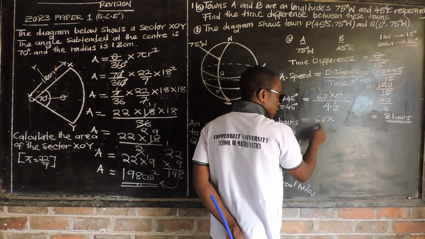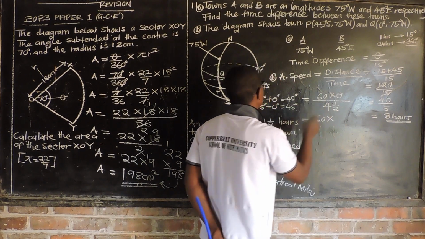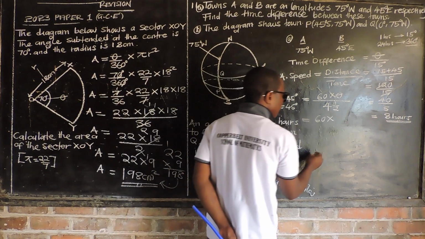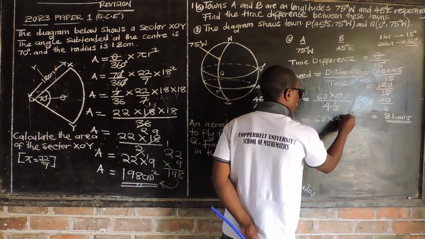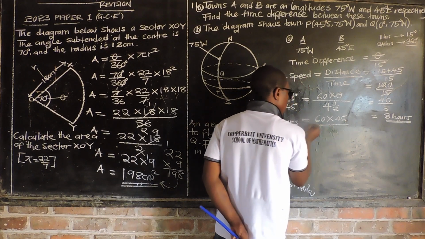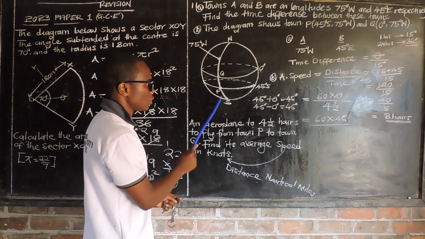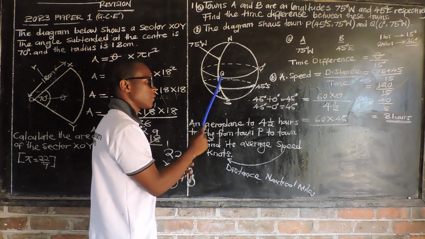So we say 60 multiplied by theta, the difference in latitude. So just multiply 45 by 60. This 45 is the difference in latitude between P and Q. Why are we saying difference in latitude?